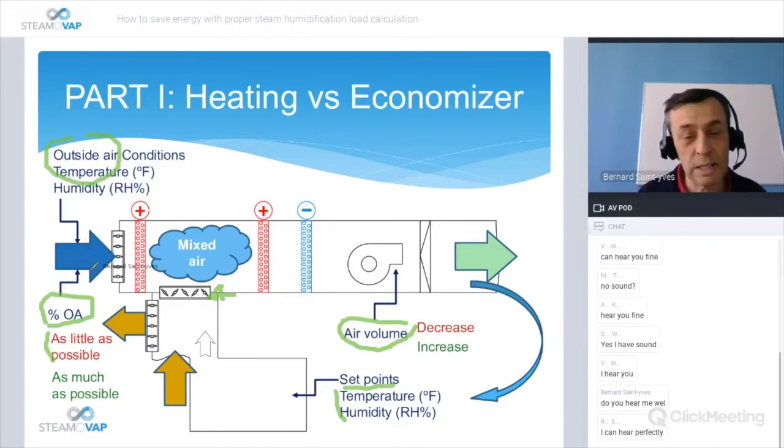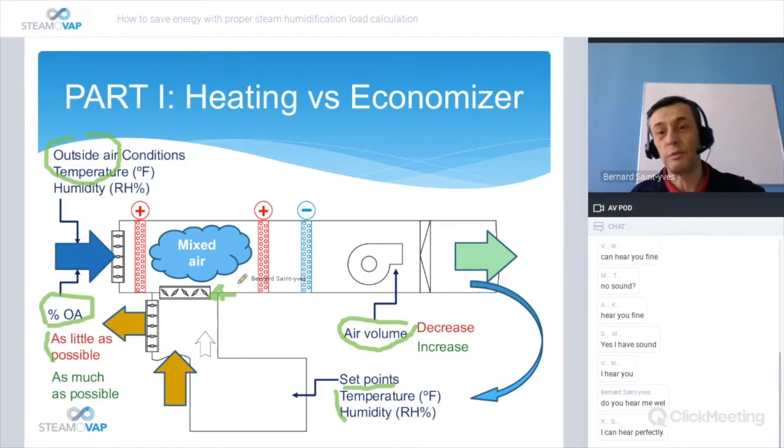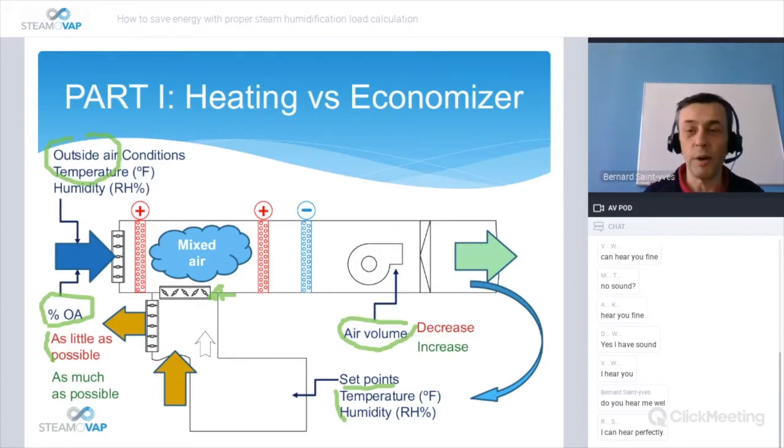You want the maximum fresh air, because you want to use the air that is typically in Montreal, like it is today. It's 9 Celsius, or about 47, 48 Fahrenheit today. It's a beautiful day, sunny.